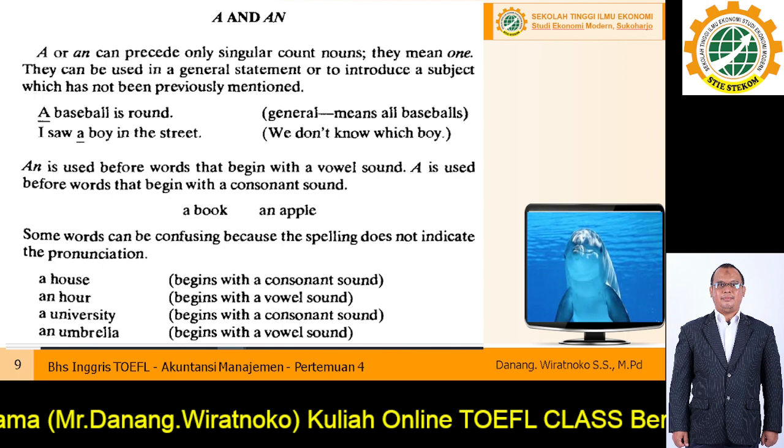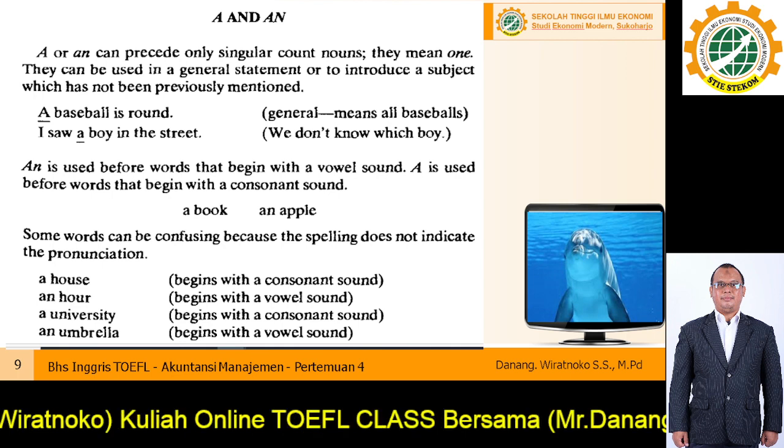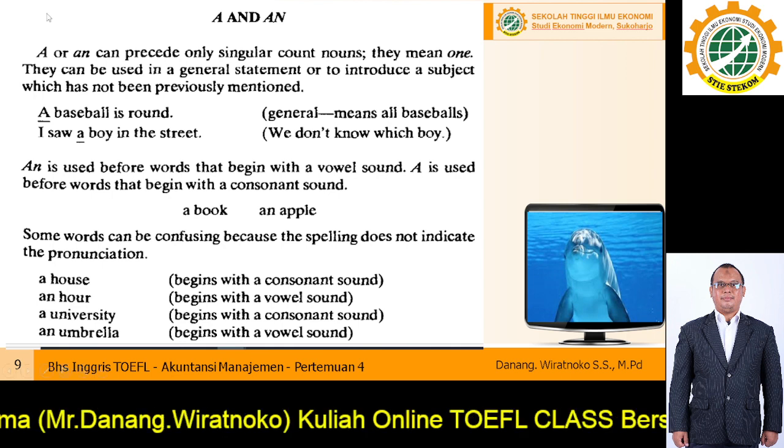Yeah. An is used before word that begin with a vowel sound. A is used before word that begin with a consonant sound. A book, an apple. Yeah, some word can be confusing because the spelling does not indicate the pronunciation. Okay. A house. A house begins with a consonant sound.